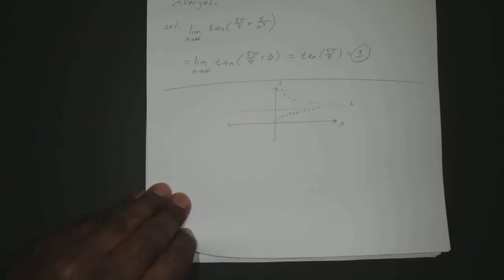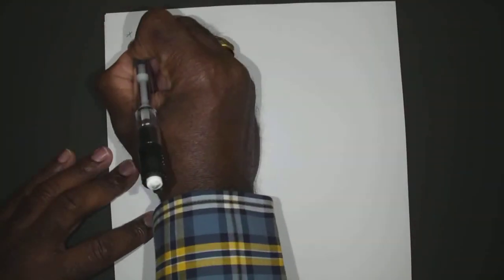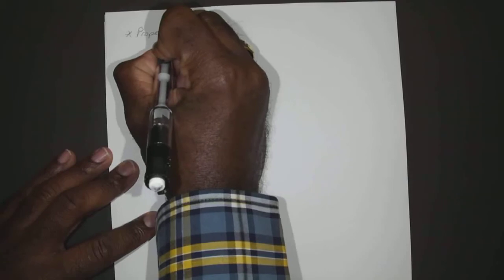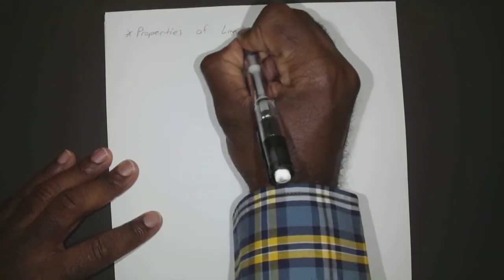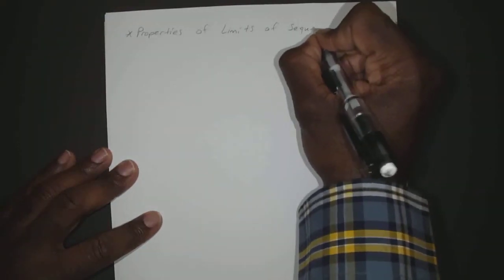All right, so let's go over the properties of the limits of a sequence, which really doesn't differ too much from the limit properties that you've already been used to.